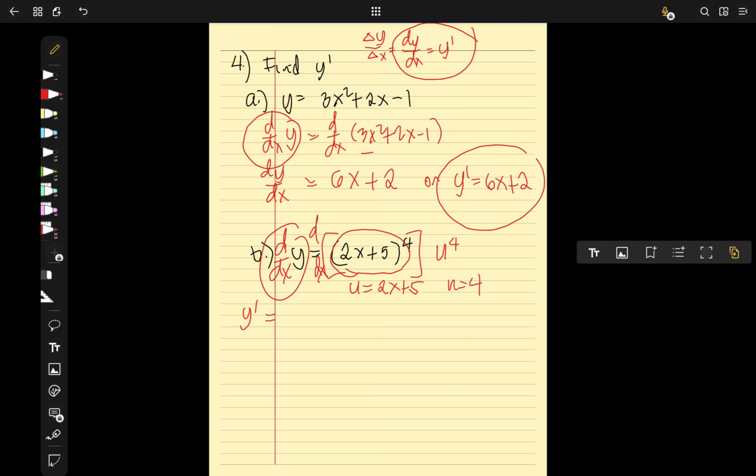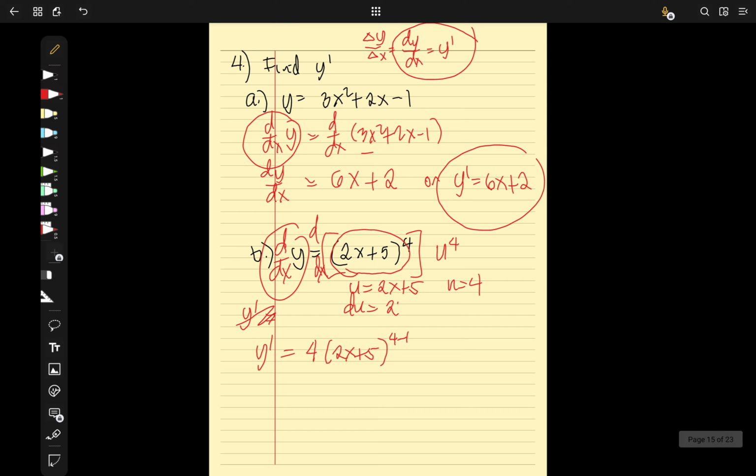So, kunin muna natin yung derivative ng u. And the derivative of u will become, derivative ng 2x is 2, derivative ng 5 is 0. So, you have your u, you have your n, you have your du. So let's now get the derivative. So y prime is equal to n times u raised to n minus 1 times the derivative of u with respect to x. Yan siya.